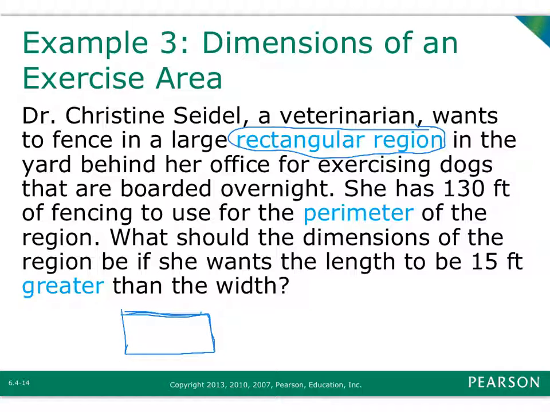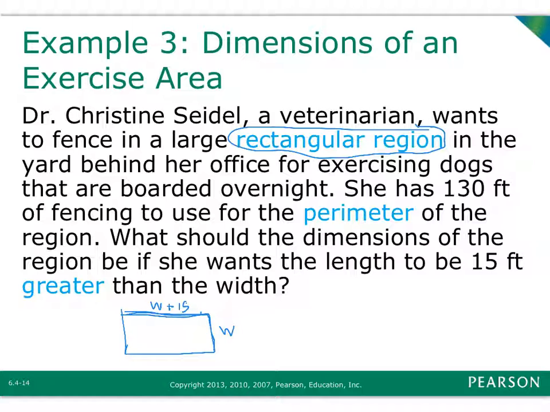She has 130 feet of fencing to use for the perimeter of the region. What should the dimensions of the region be if she wants the length to be 15 feet greater than the width? So in our picture we can have W, and now we can have W plus 15, right?